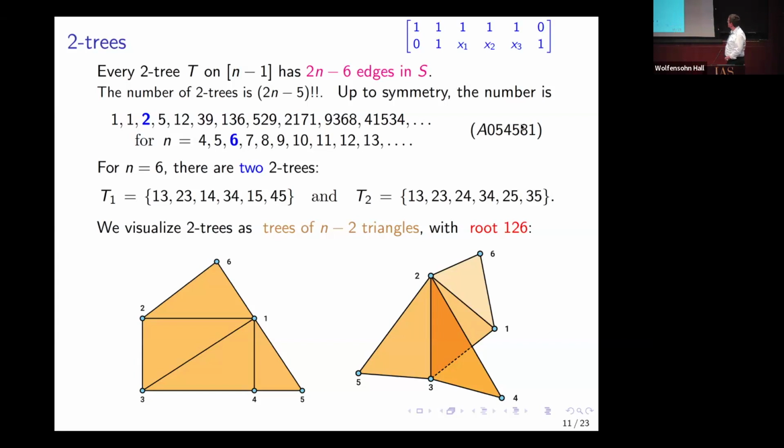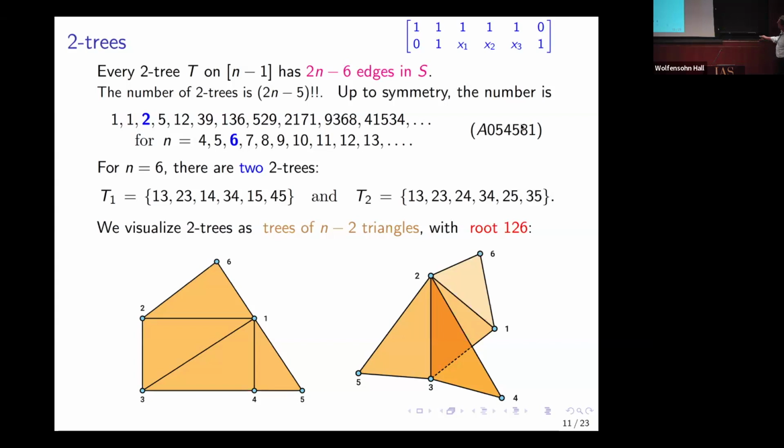until 2n minus 5. Now, if I disregard the labeling up to symmetry, then the number of two trees is given by this sequence. So here, if n is 4, 5, 6, 7, then this is the sequence. And this can be found on the online encyclopedia of integer sequences. So two trees are well-studied objects in graph theory, right?